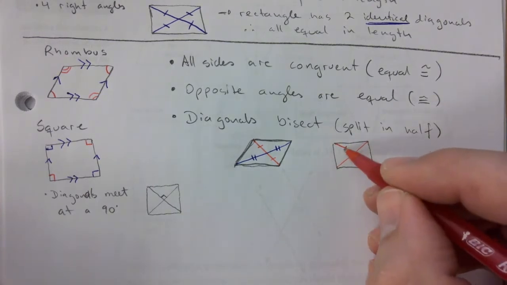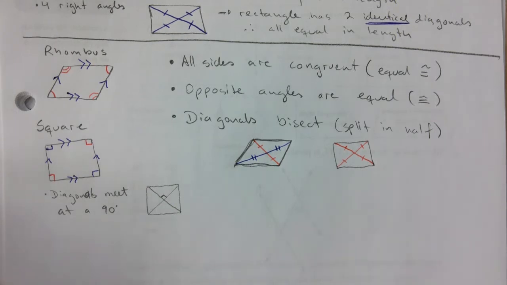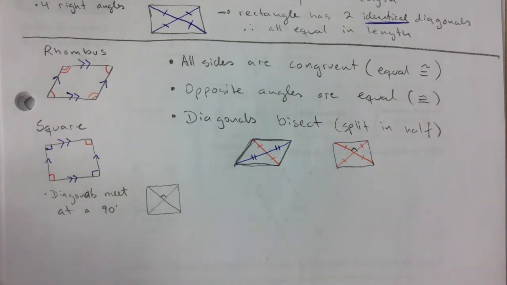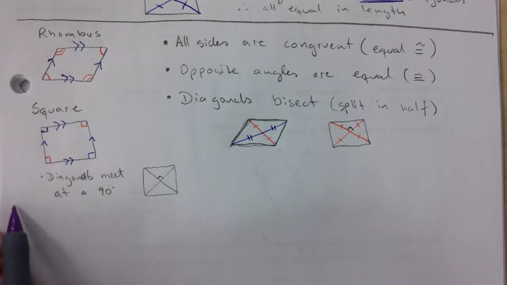They will all be the same cut. If you cut them in half, they will all be the same. Plus, they meet at a 90. That's very unique to a square. That's it for those two.